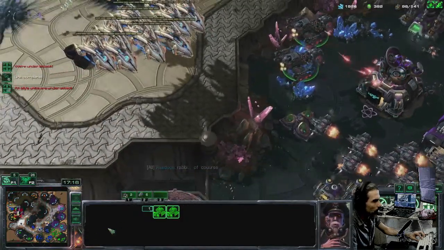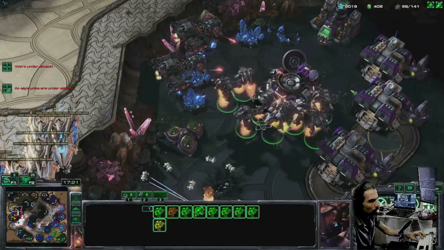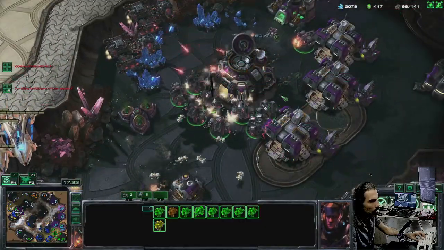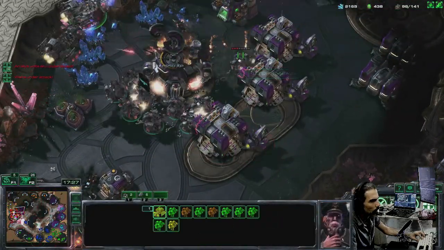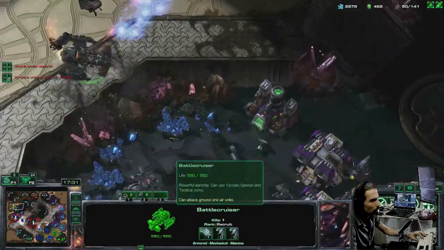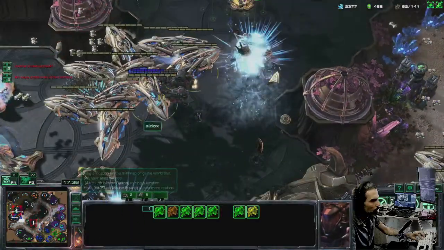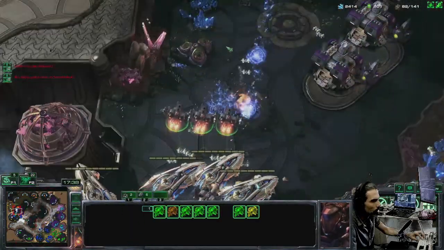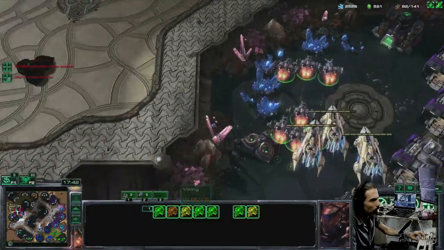Can't hold them alone. Made for battle. Inbound. Our allies are being attacked. Let's get into the fight. Can't hold them alone. I like it. Our allies are being attacked.